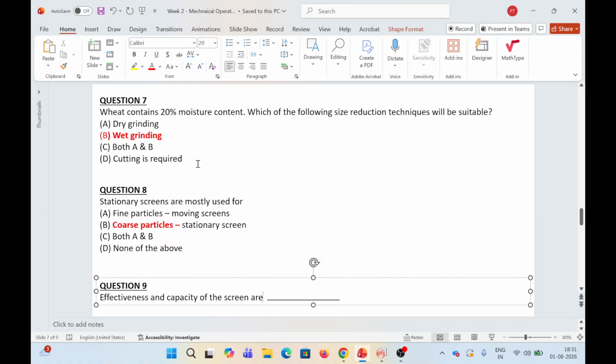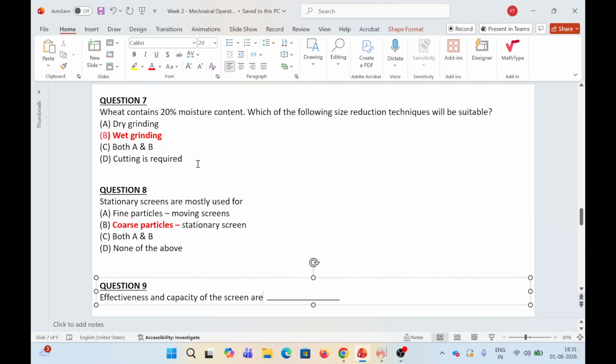It might be due to cohesive forces, aggregation, or the moisture content present in them. When they stick to each other, they clog the screens and do not pass through, because of which the effectiveness reduces. So that is the relationship.